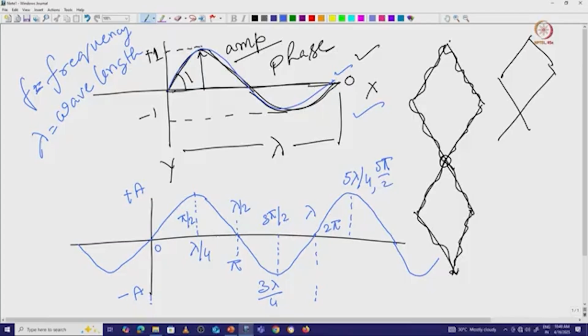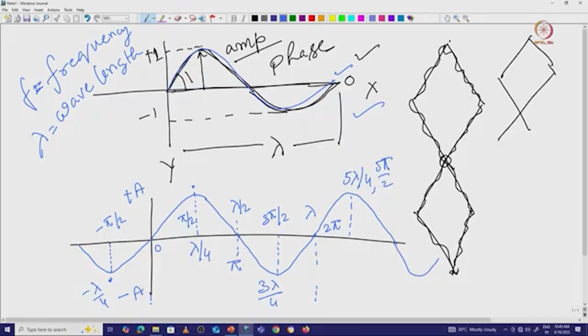Now what about this negative side? If we consider this particular side, we will get it like that. Okay, so we started from 0, so it is exactly opposite of this one, right? If I consider this particular point and this particular point, it is just opposite in negative. So the amplitude is same, it will always be the amplitude, only the direction is changing. So it will be minus pi by 2 and the length will be minus lambda by 4.